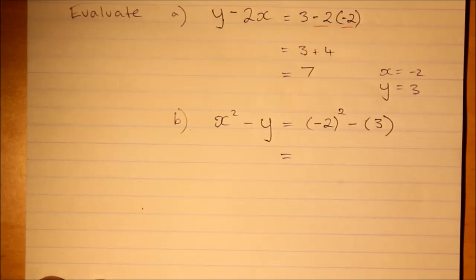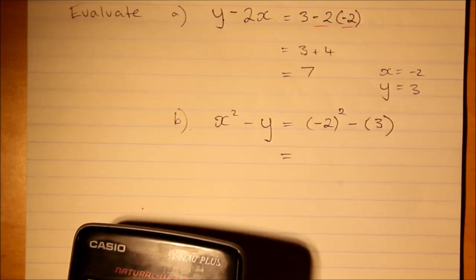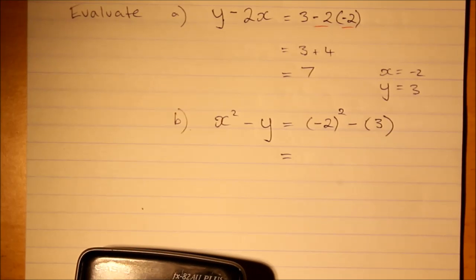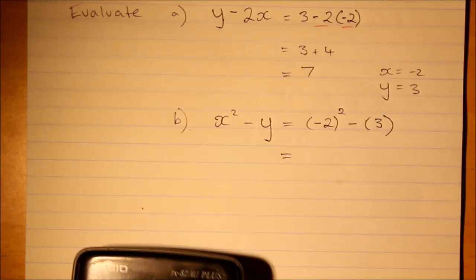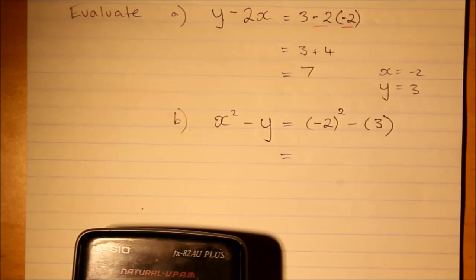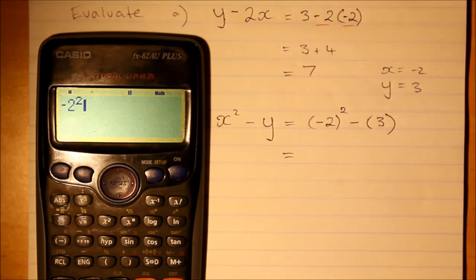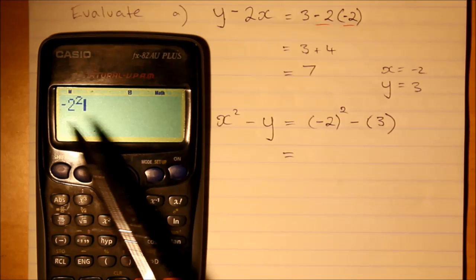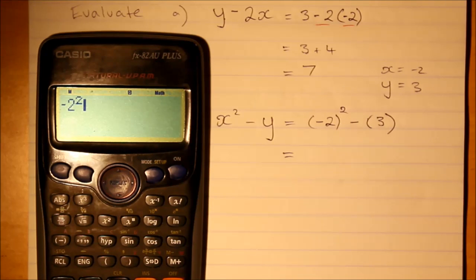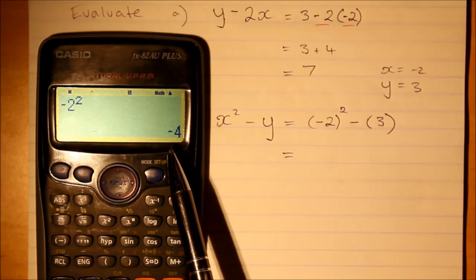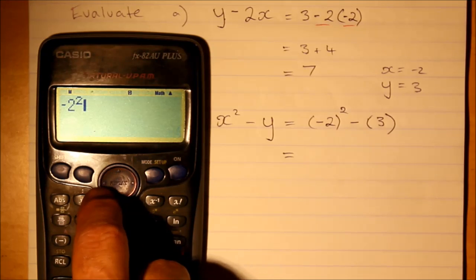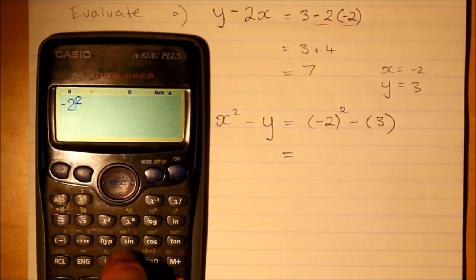Okay, now why is this a common mistake? Because if you look at your calculator and you put in, let's turn it on first, -2 squared. So here on your calculator we can see that most people write in this operation like this, and what happens is you get -4. Now that's wrong. Okay, now the reason is that people haven't put in the parentheses.